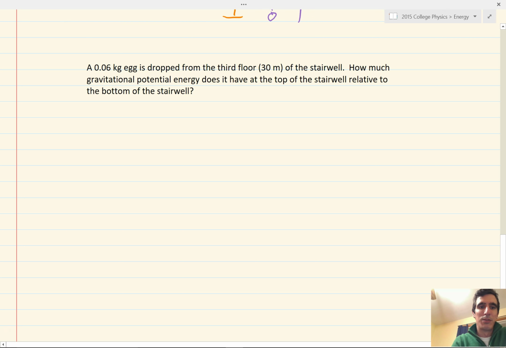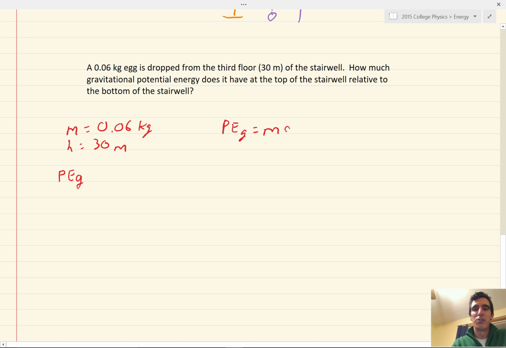So, we've got the mass, 0.06 kilograms. And we know the height is 30 meters. We want to know how much gravitational potential energy this egg has at the top. So our formula, PE, is equal to mgh. In this case, g is the acceleration due to gravity.